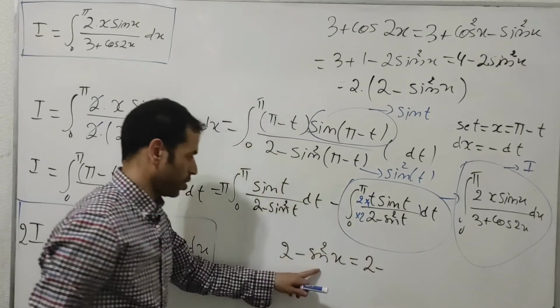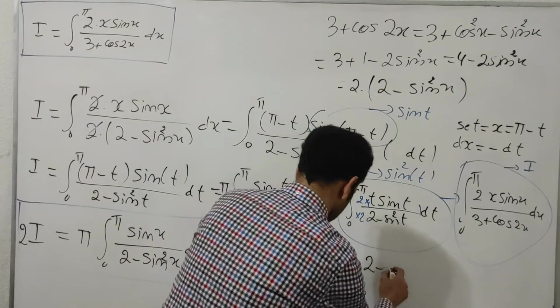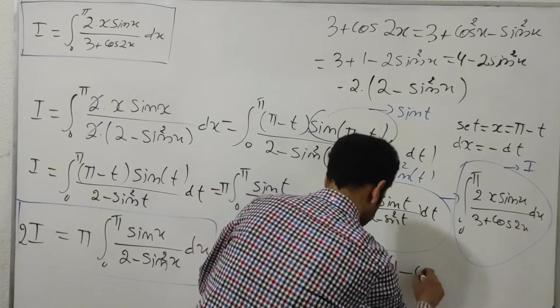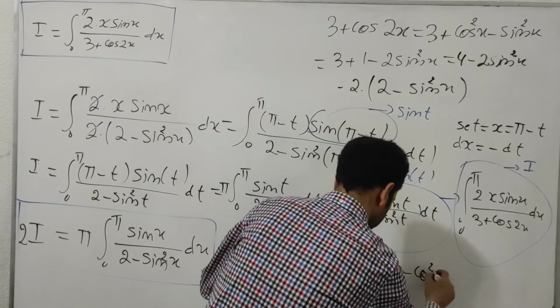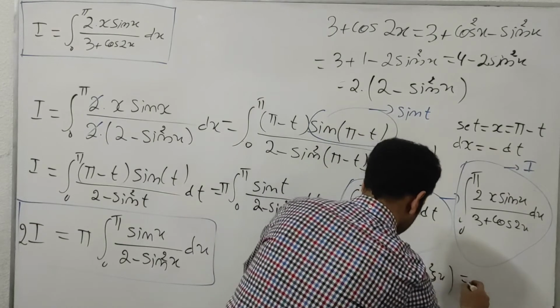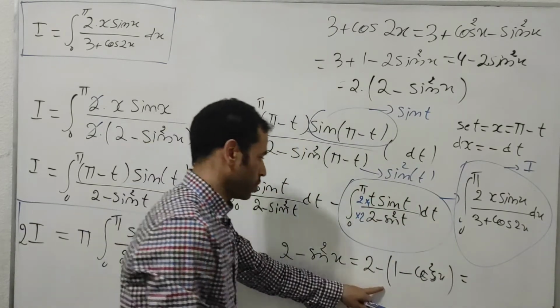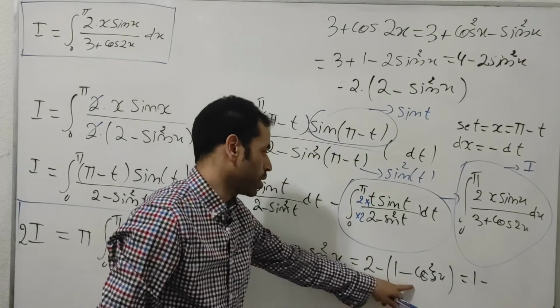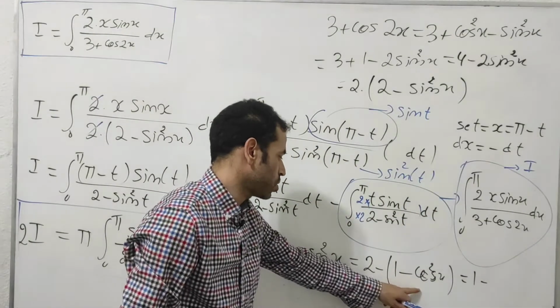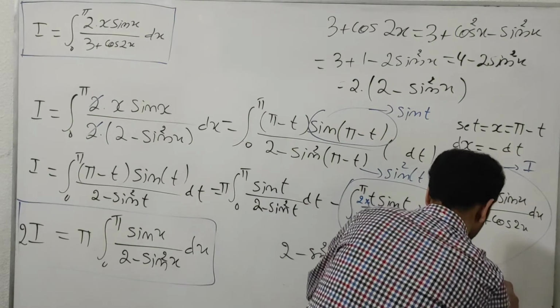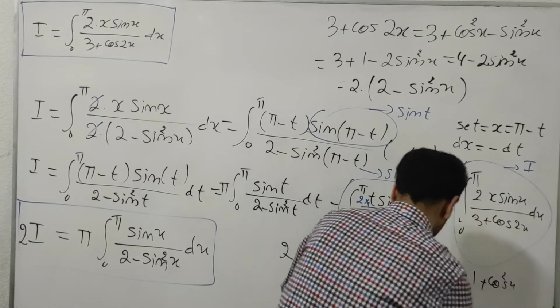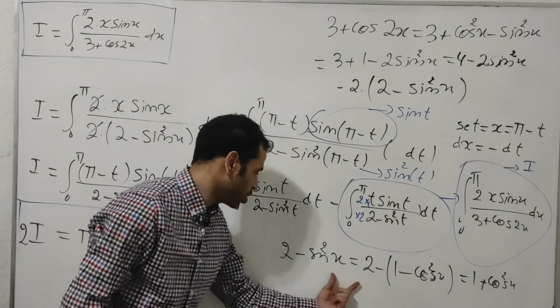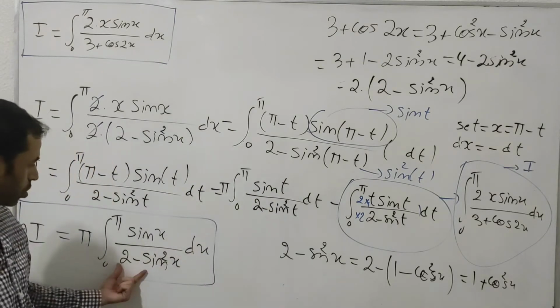By transferring this sine square x into cosine, I will have 2 minus 1 minus cosine square x. 2 minus 1 is giving us 1, minus minus cosine square x, which is plus cosine square x.